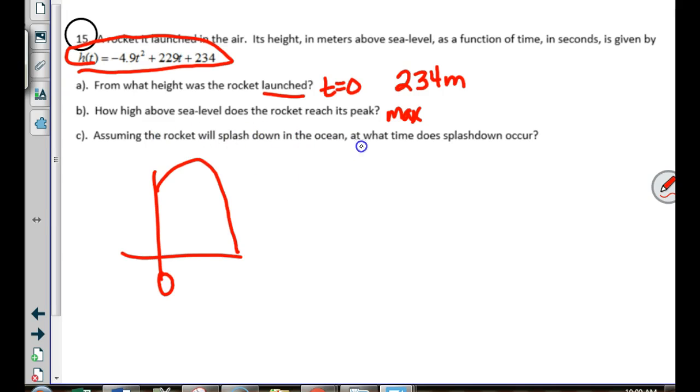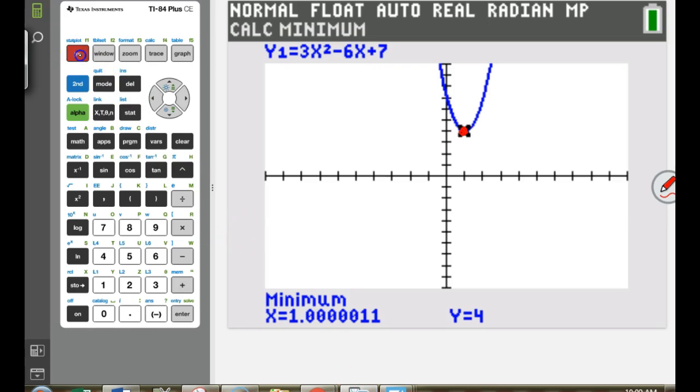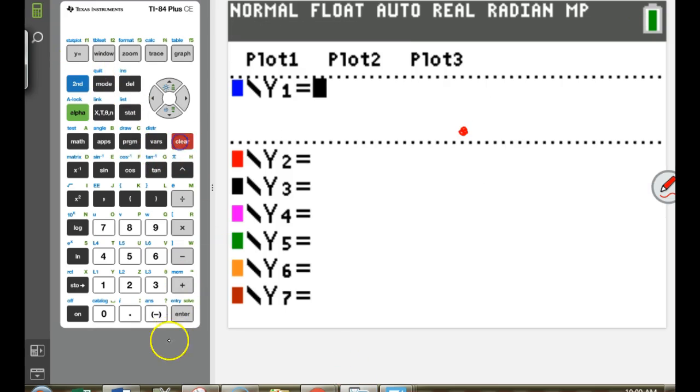Assume the rocket will splash down. At what time does it splash down? So there you want to know the x value at the 0. I can try to put it in and see. Can you read it to me quick? Negative 4.9 x squared.